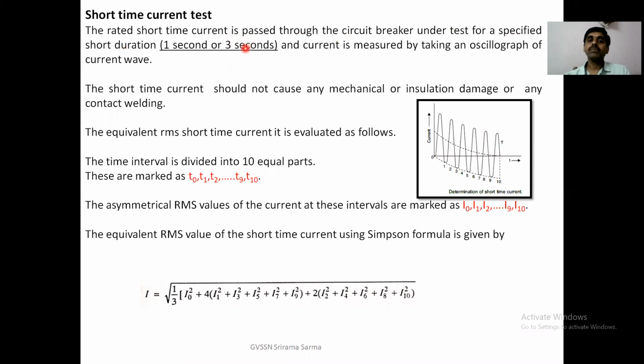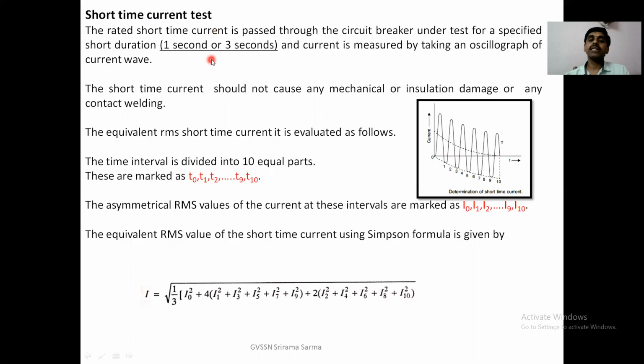Why is this needed? When a circuit breaker is connected in series with another breaker, and the other breaker is interrupting the fault, this breaker has to withstand the high currents for some time. That is called the short time current test.